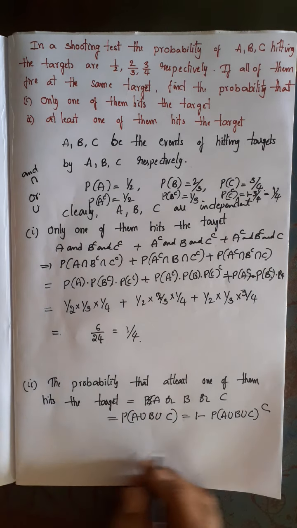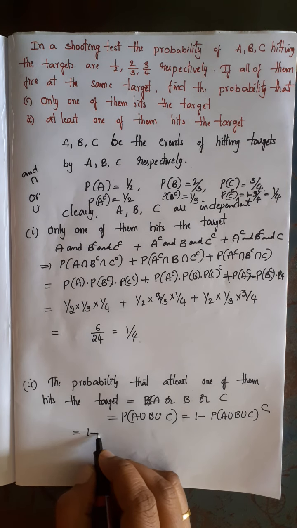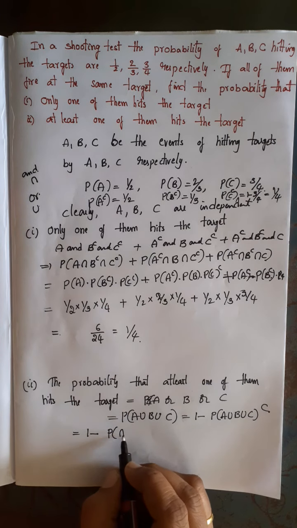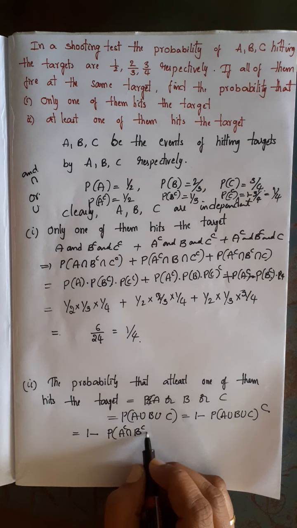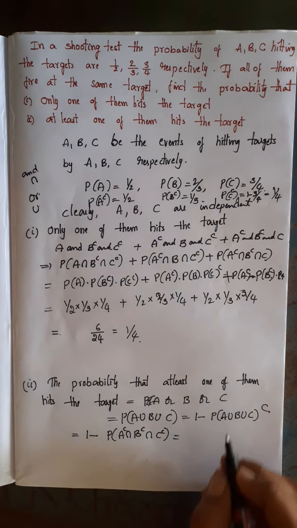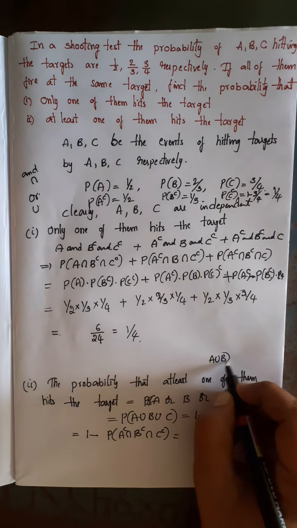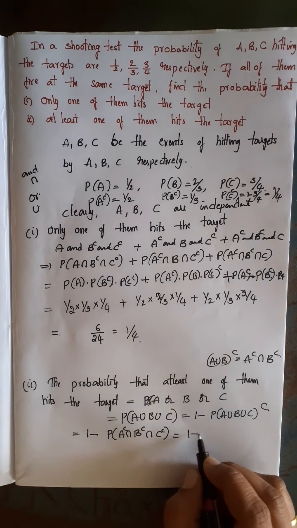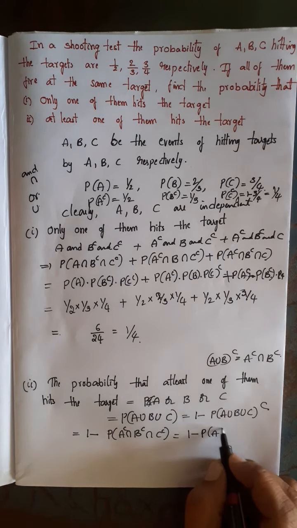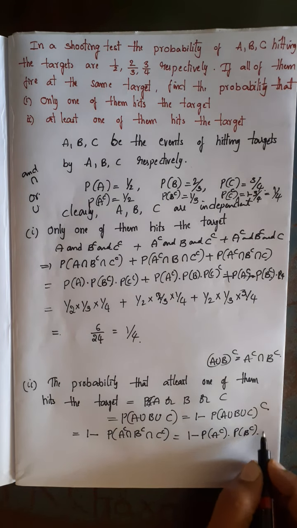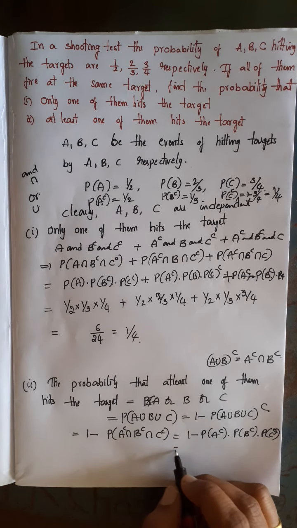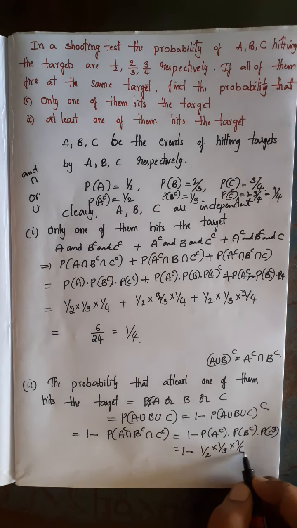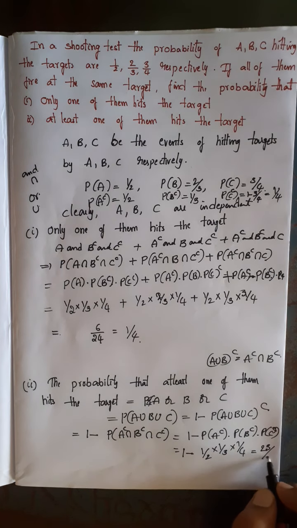By the complement property, if you have a union's complement, you will have P of A complement intersection B complement intersection C complement, since A union B whole complement is equal to A complement intersection B complement. And these are independent events, so intersection becomes product, into P of C complement. You substitute the values here: 1 minus 1 by 2 into 1 by 3 into 1 by 4. The answer will be 23 by 24.